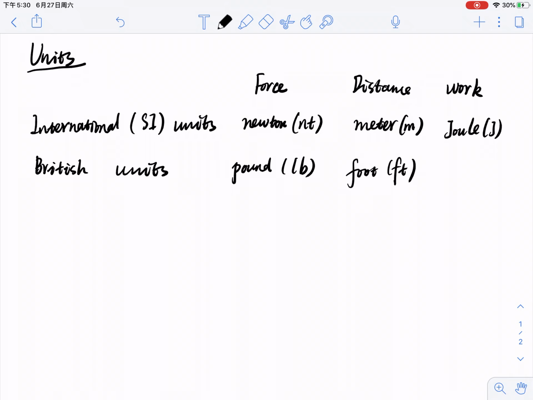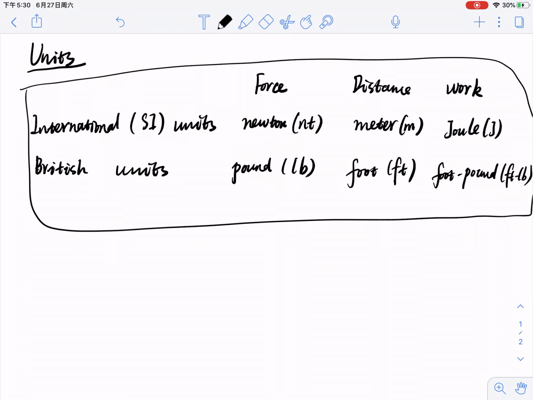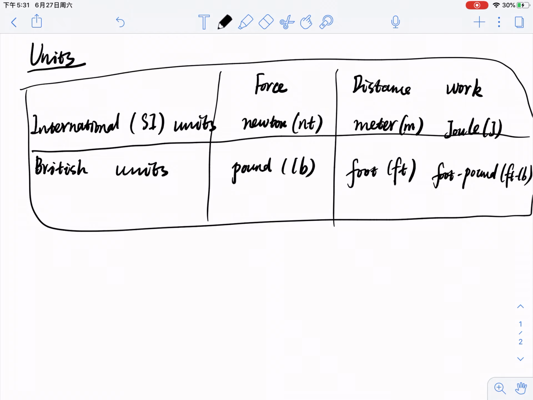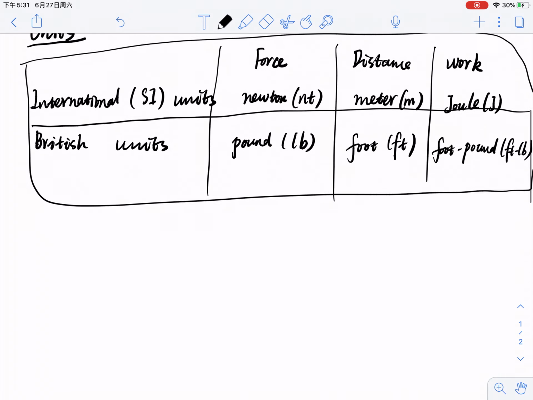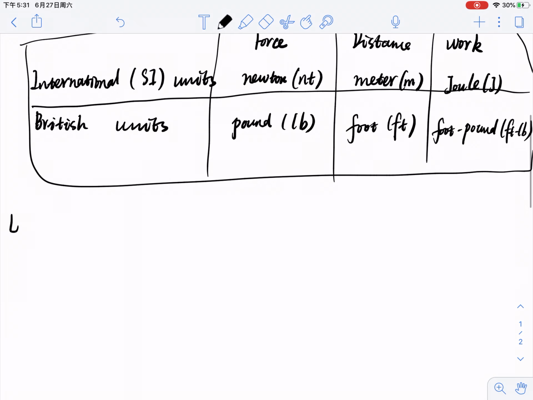The unit of work is the foot-pound. FT-LB is short for foot-pound. These are two commonly used sets of units. Now let's look at an example.